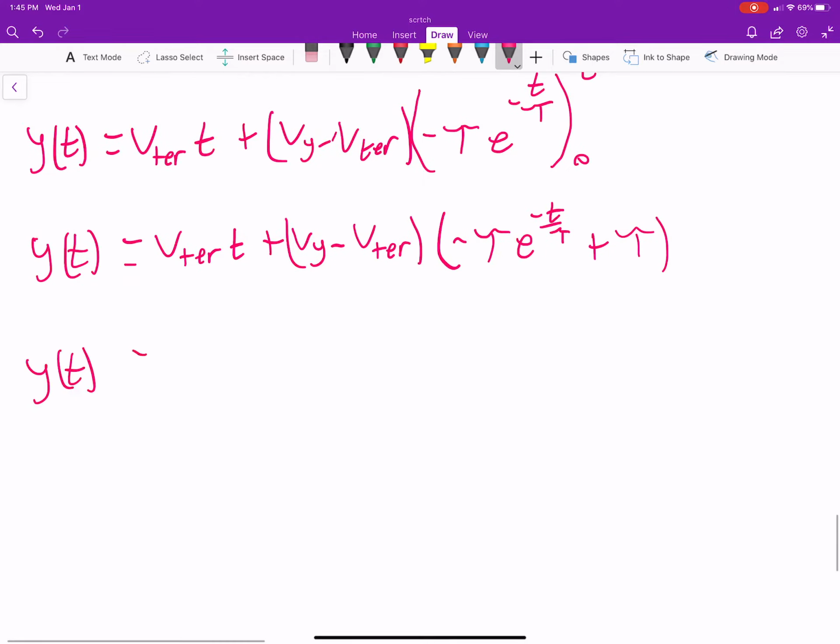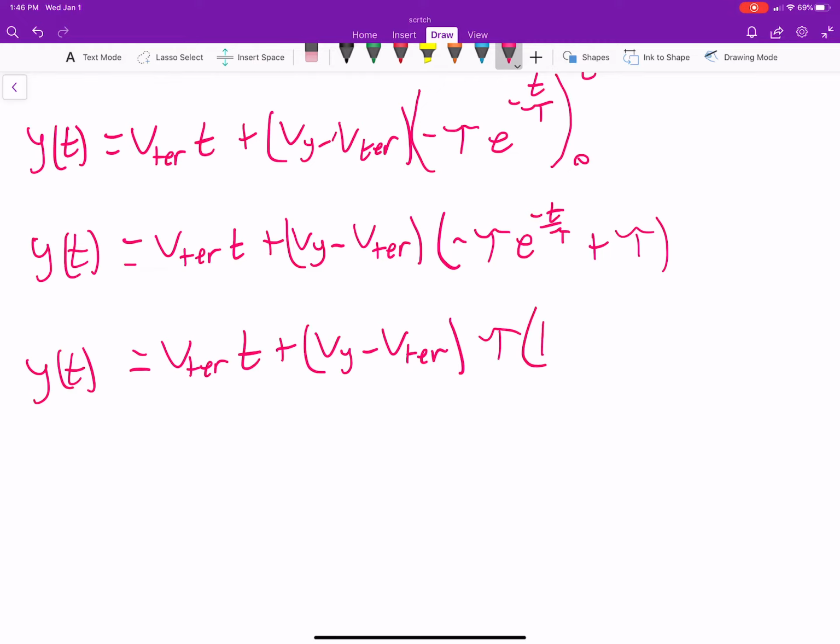And then just simplifying this a little bit, you get V terminal times time plus Vy minus V terminal. I'm going to factor out a positive tau, and I'm left with 1 minus e to the minus t over tau. And there you go. That's our position as a function of time.